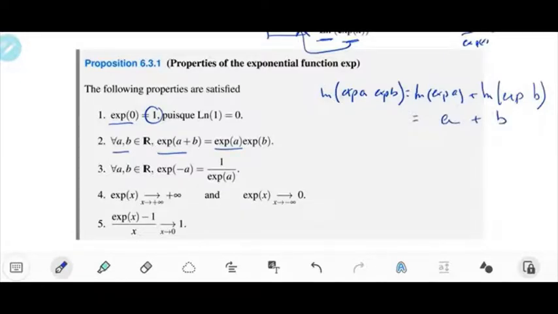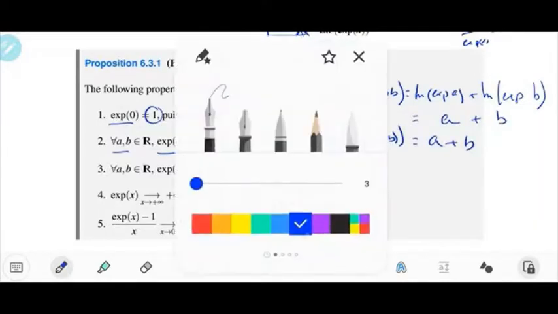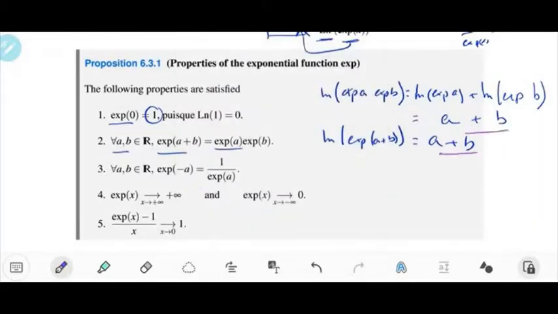And on another side, if you calculate ln of exponential a plus b, of course it's equal to a plus b. So it's the same thing. That's why exponential a times exponential b is equal to exponential a plus b.